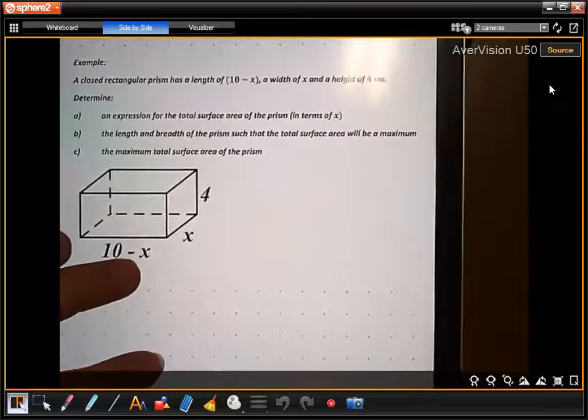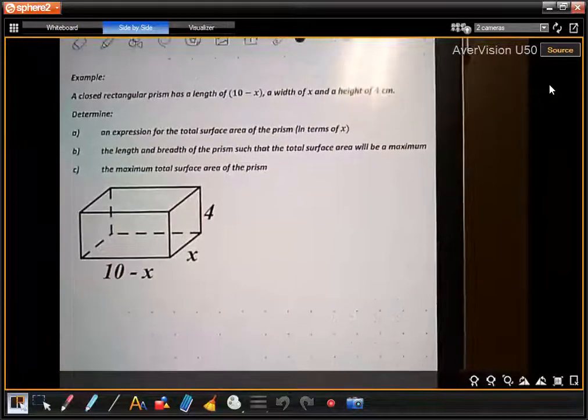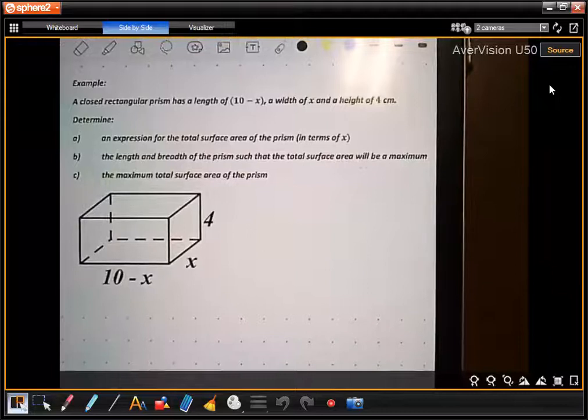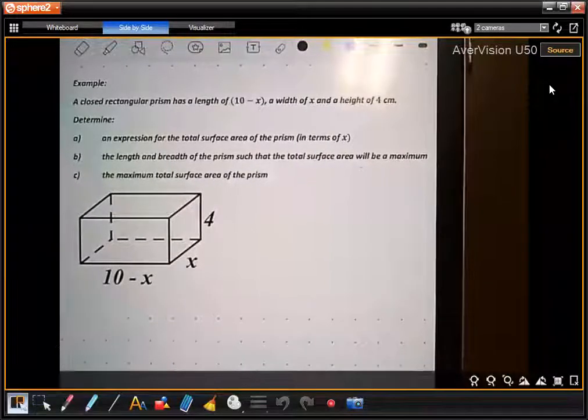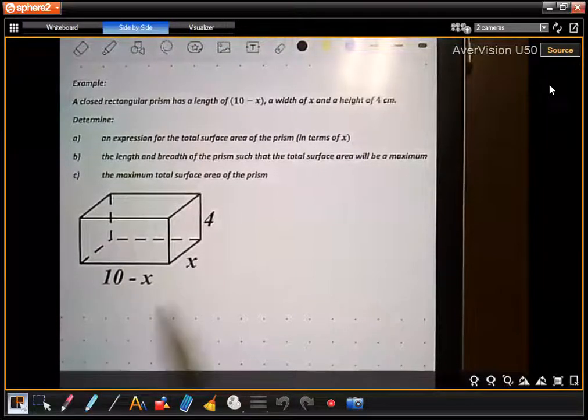Okay, so they are saying, I'm just trying to get the spacing correct here. A closed rectangular prism has a length of 10 minus x. Let's draw that in on the picture as well. A width of x and a height of 4. And now we also have the rotation thing.